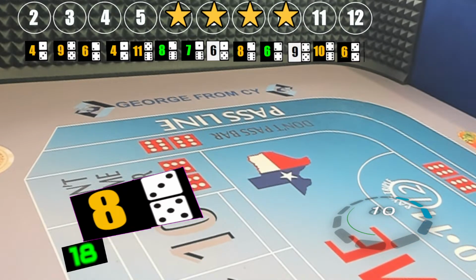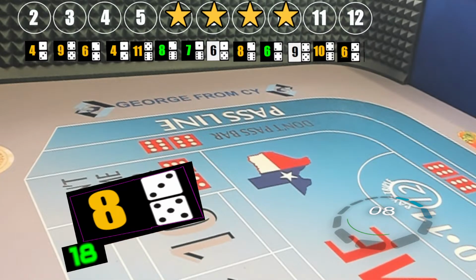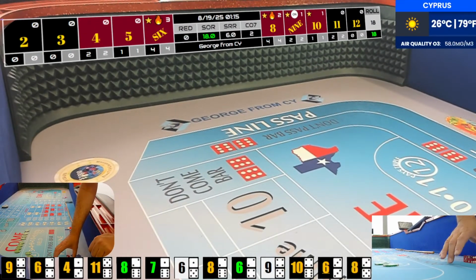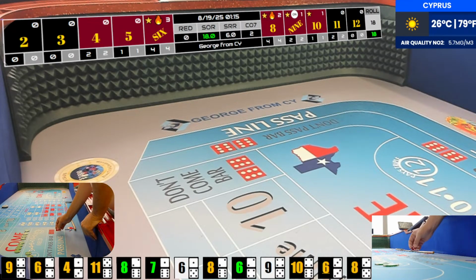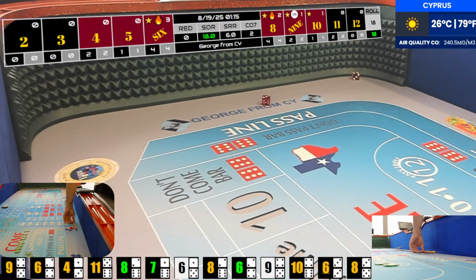Then we go to the 2s. 2, 3, 2, 6. Dice out. 3, 6, 9.